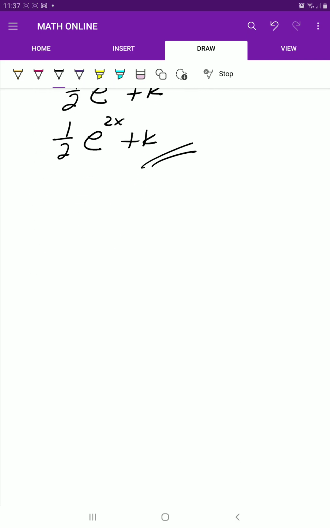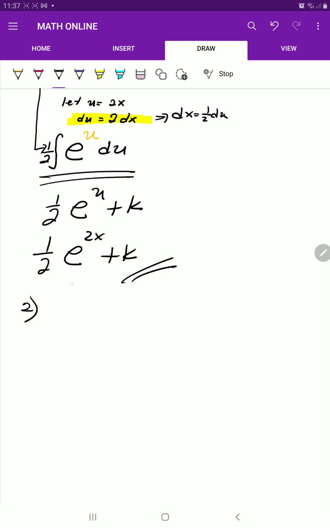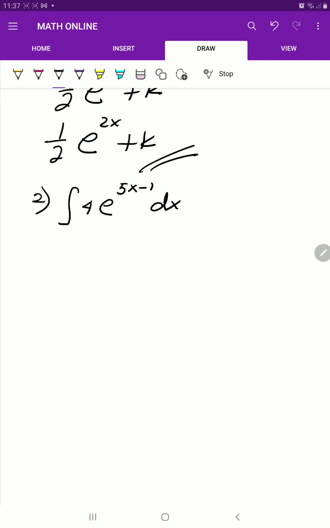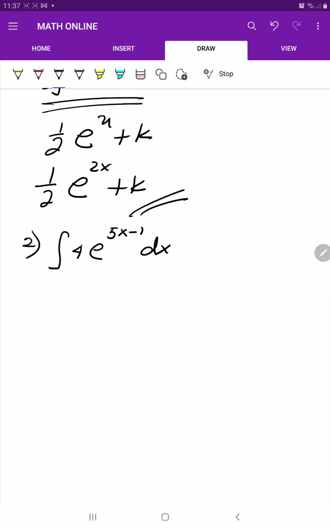Let's try one more example, number 2. Let's say that you have the integral of 4e to the 5x minus 1 dx. I'm going to use another approach, hoping that you will be able to tell which approach is actually better.